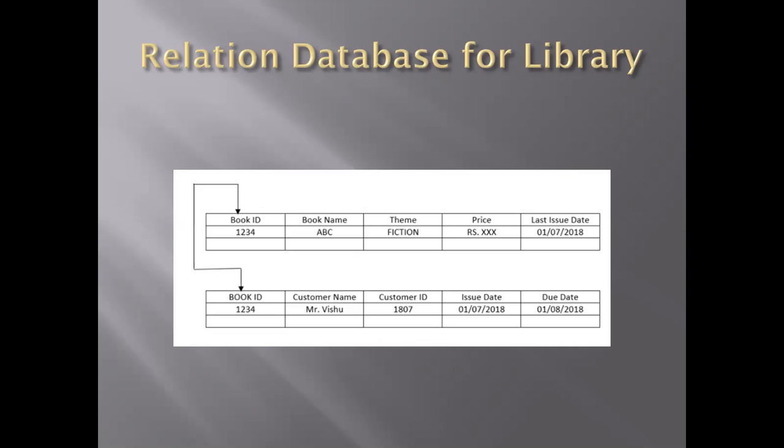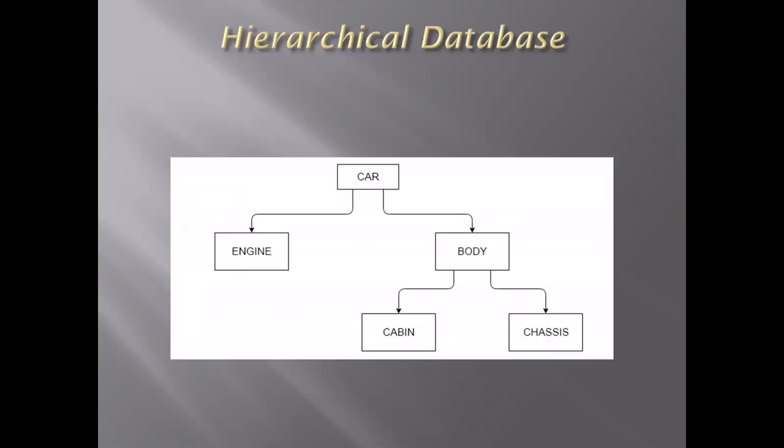Here you can see the two tables are related to each other, or share the relation, defined using the book number. Each table is related to certain types of data, and thus the tables relate all the various data types present inside them. So this is an example of a relational database, a library.